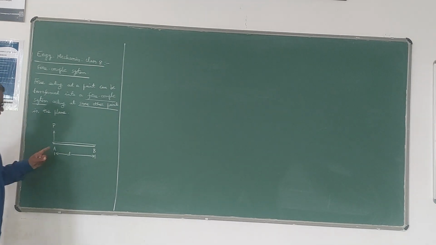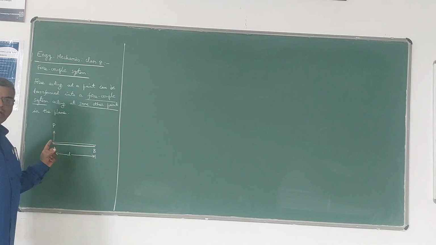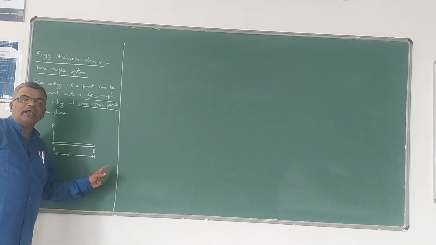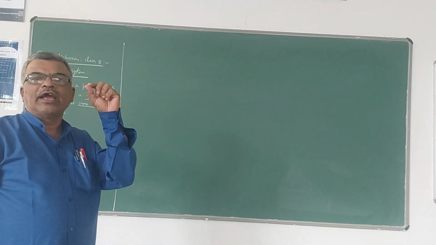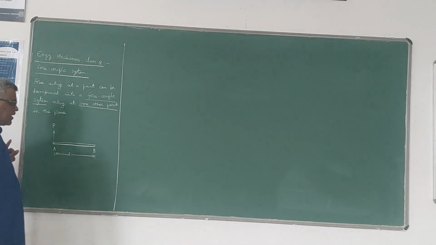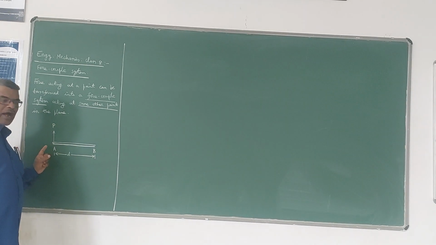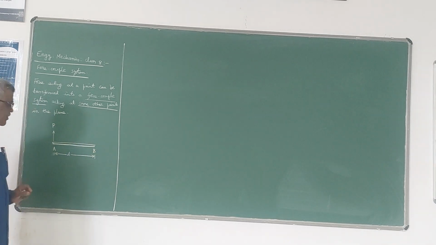So that means if you are transferring this force P acting at A to point B, then at point B you will be having a force as well as a couple. Now let us see how we can transform the force at A to a force couple system at B.